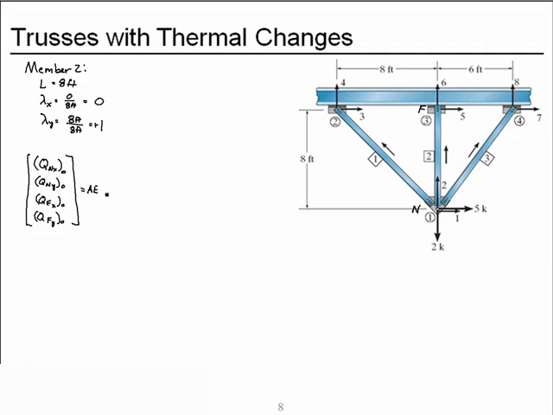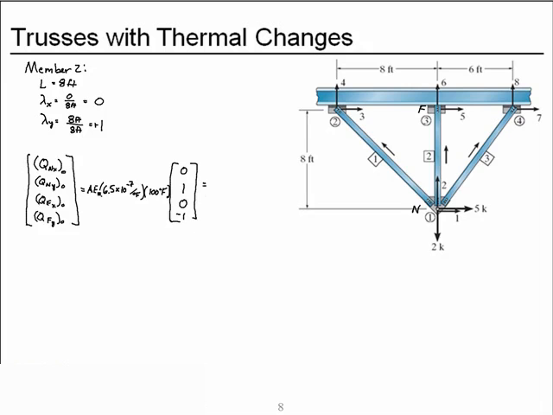AE times alpha times change in temperature times the directional cosines. Lambda x 0, lambda y 1, minus lambda x 0, and minus lambda y, minus 1.